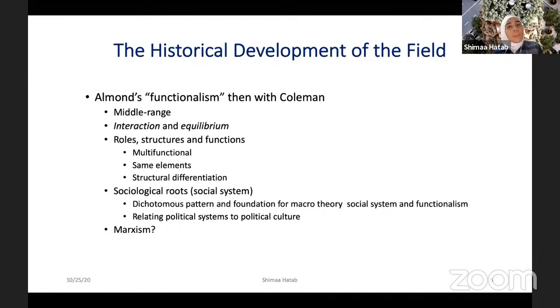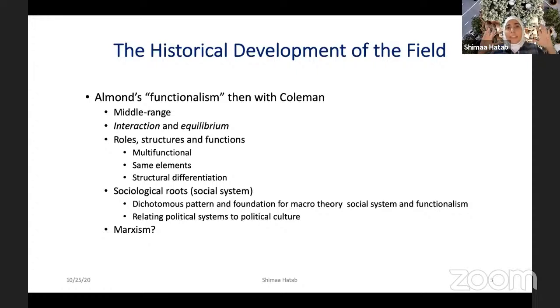Gabriel Almond maintained the essence of systems analysis in order to come up with a middle range theory about how a political system functions and how to interpret the interaction that gives rise to political balance or political equilibrium.